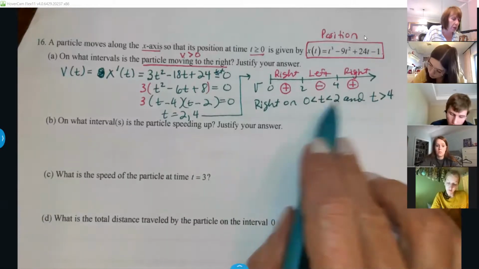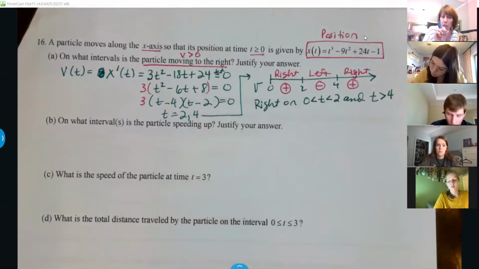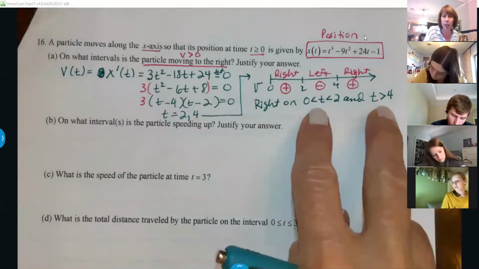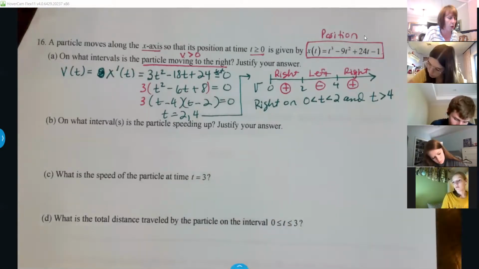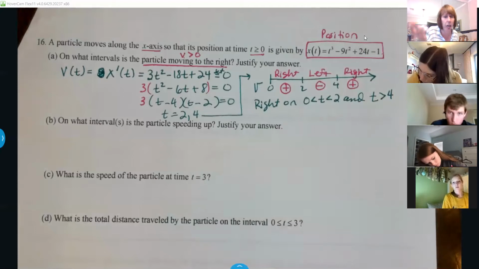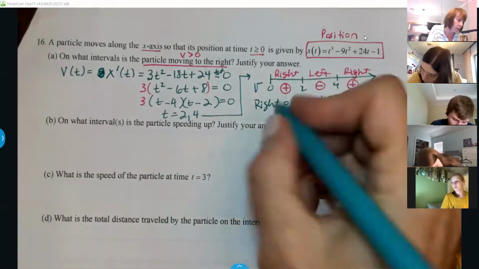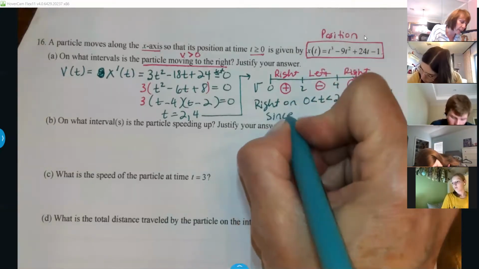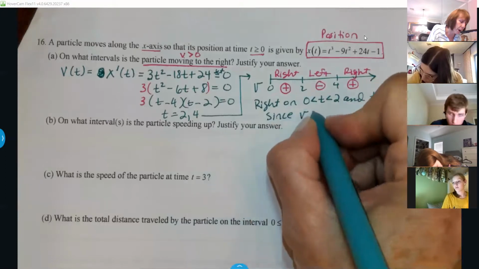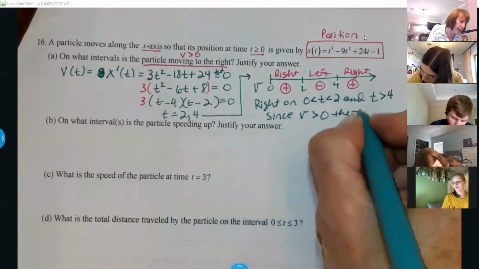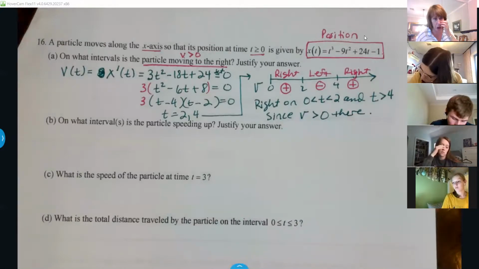You're welcome to use the interval notation, or the inequality notation, whichever you prefer. Or you could write it out all in English, and that's fine too. And I'm going to say since V is positive there. That's my justification.